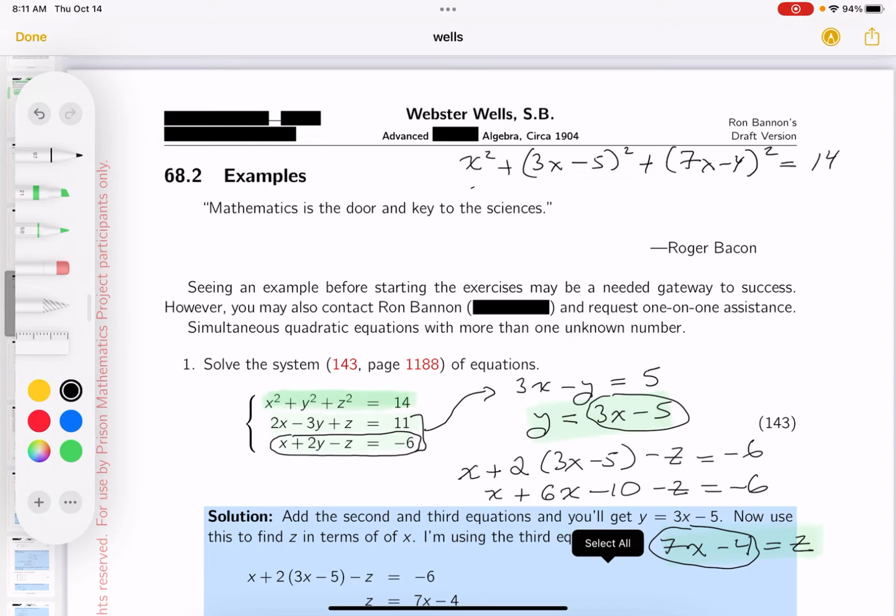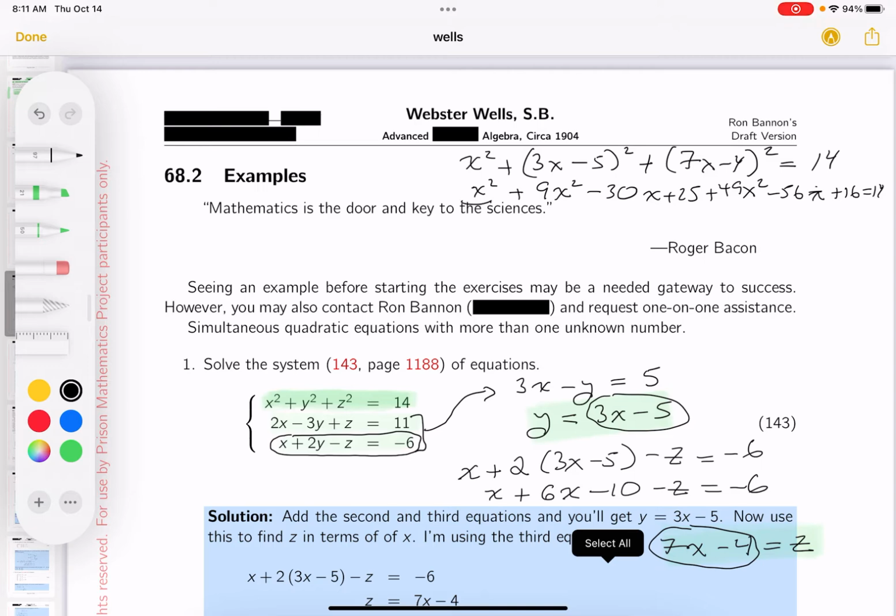Now you get x squared plus 9x squared minus 30x plus 25, plus, let's square the next guy. That's going to be 7 times 7 is 49x squared, minus 56x plus 16 equals 14.